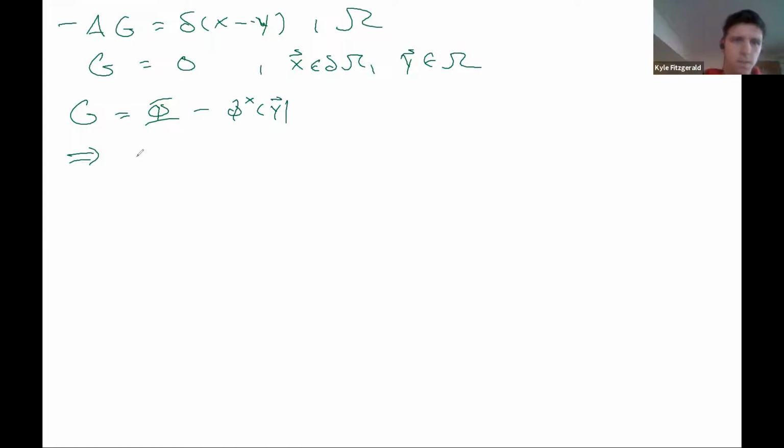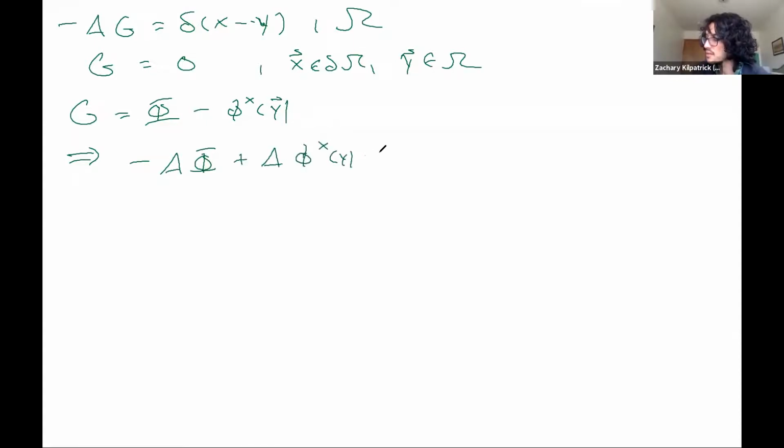So little phi is going to be harmonic and it will have the same boundary conditions as the fundamental solution, which is G. Right. So the way you get this is just to write this, right? So delta x minus y.